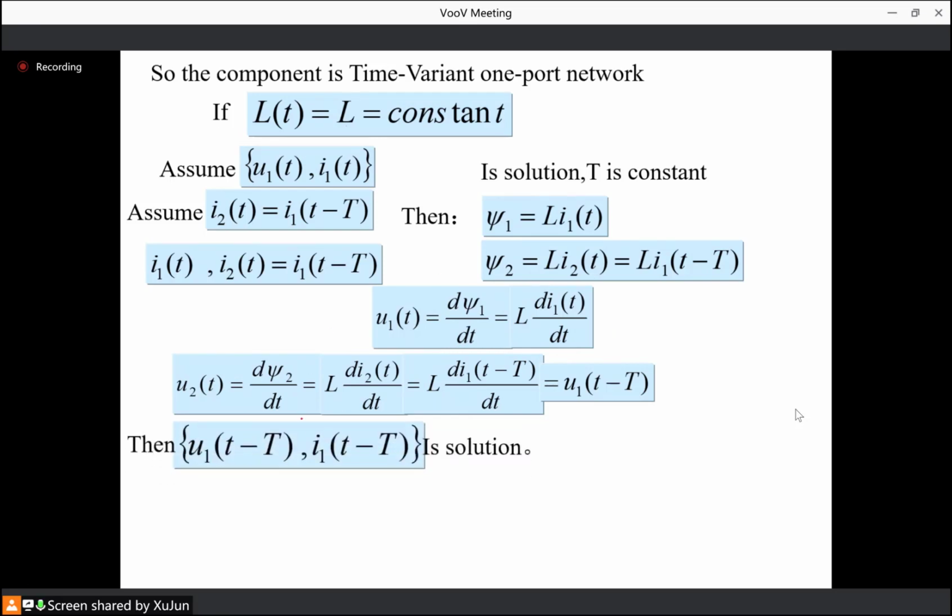So I1(t) delay, U1(t) delay is also a solution. So this component is a time-invariant one-port network.